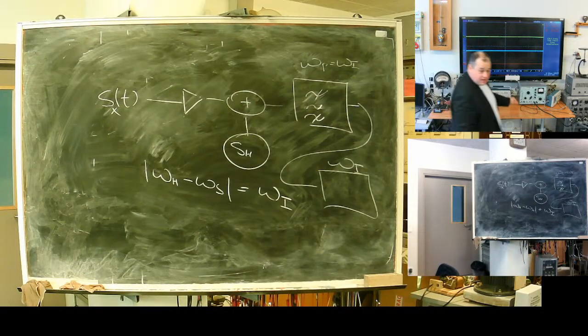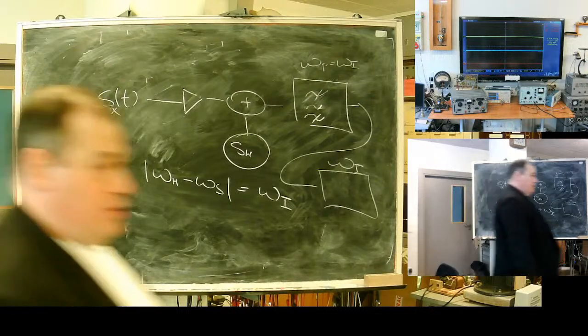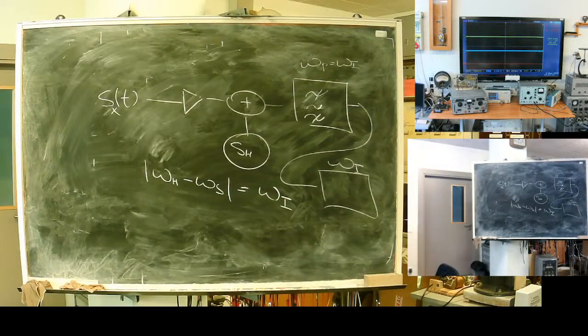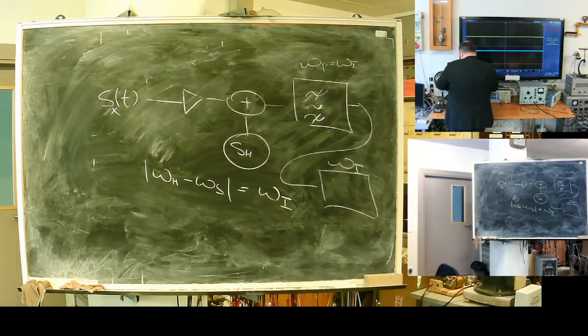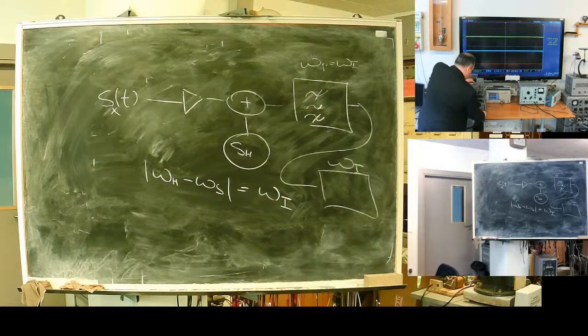Okay, idea: I have a receiver, a good receiver. To process signal, my receiver uses a 4 megahertz interim frequency.